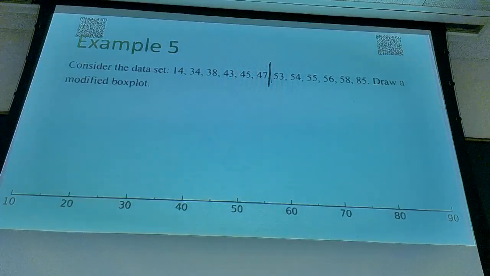Q1 is the median of the smaller data set. And there's 6 in each. So Q1 is the average of 38 and 43.